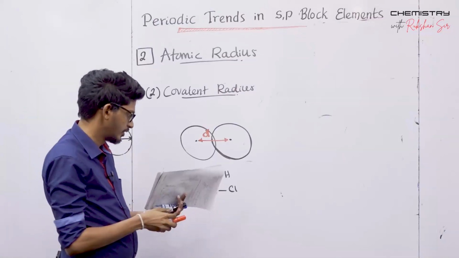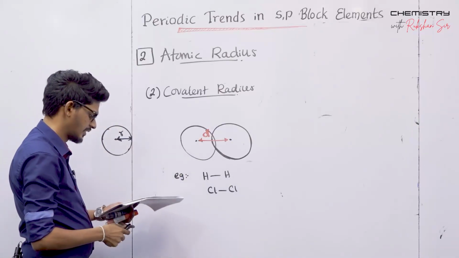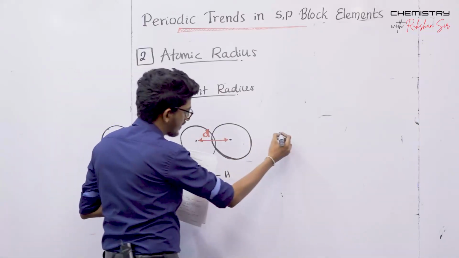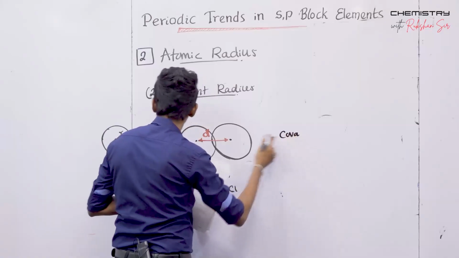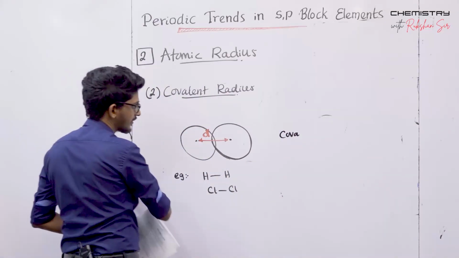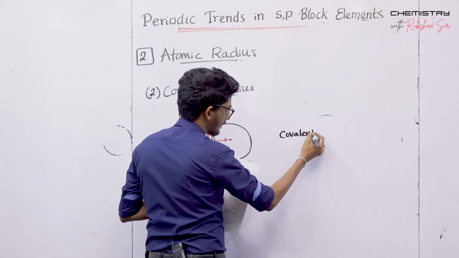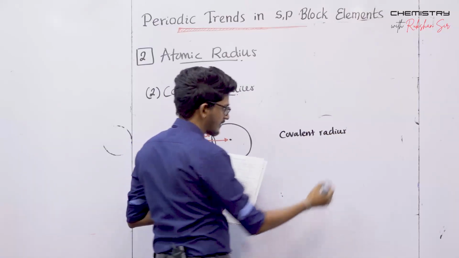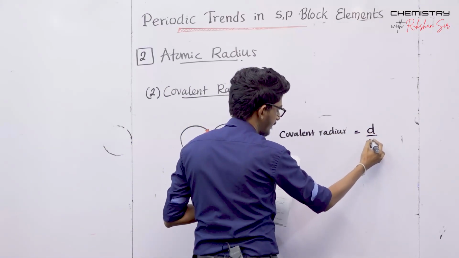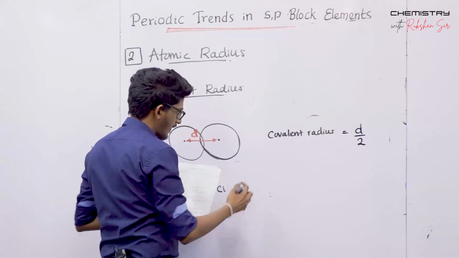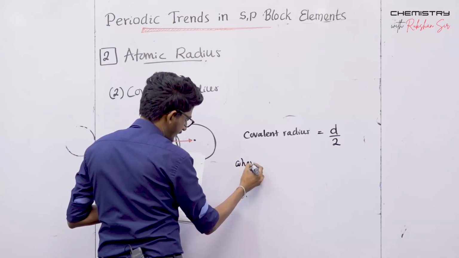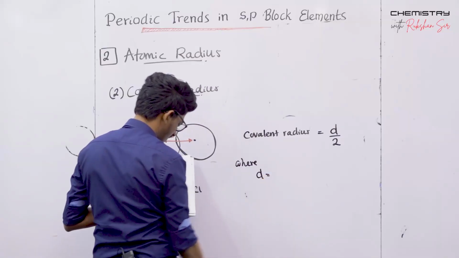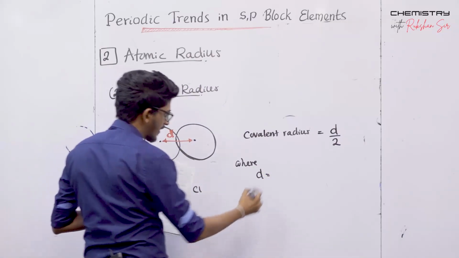So you can draw this picture, right, and write like this, right? Covalent radius is actually this d over 2, right, where this d is equal to the covalent diameter.